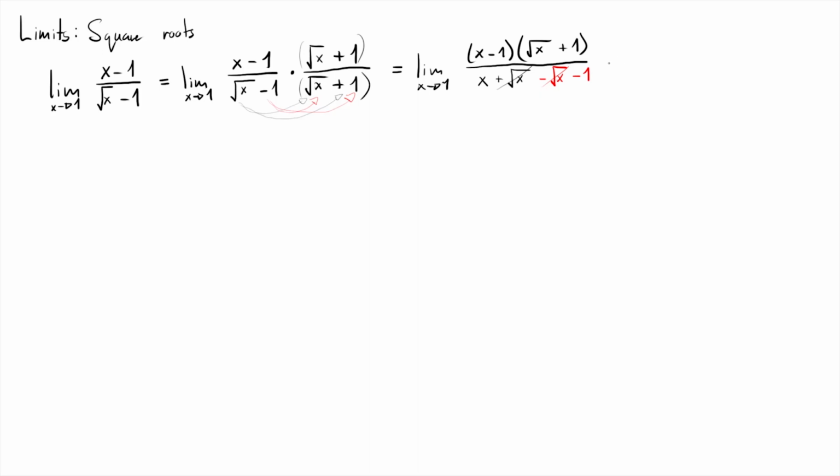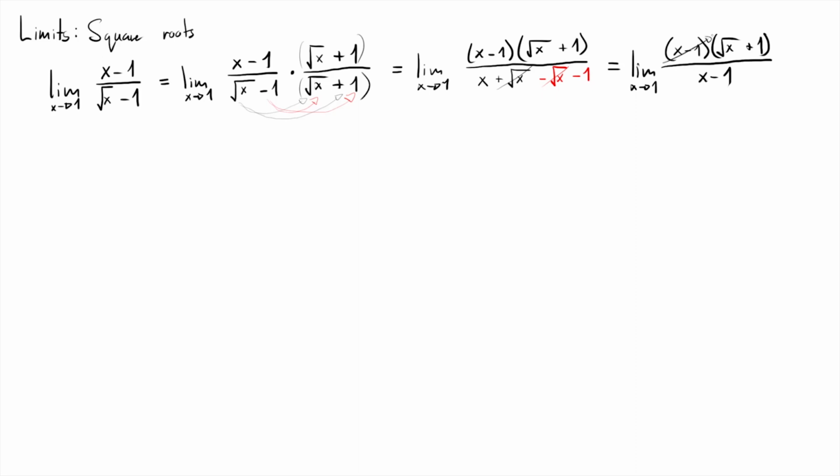And what are we left with? Well, we're left with the limit as x approaches 1 of our numerator, which is just x minus 1, again we're just leaving this as it is, times root x plus 1, divided by, in our denominator, x minus 1. And what do you know? After we've done this, there's something that can cancel out.